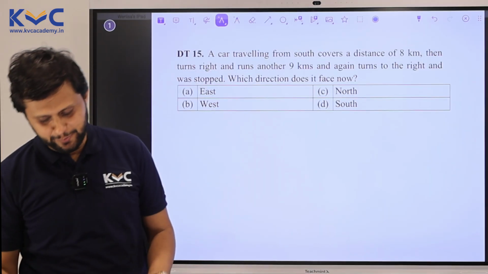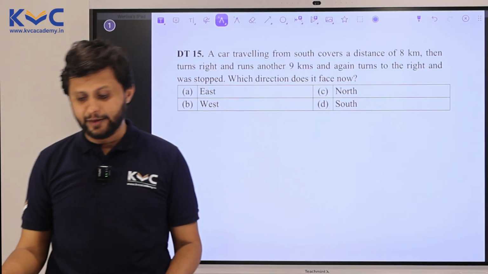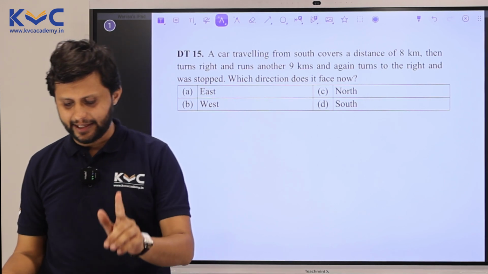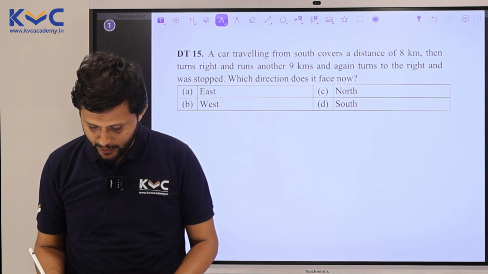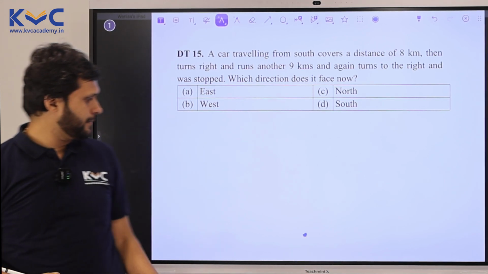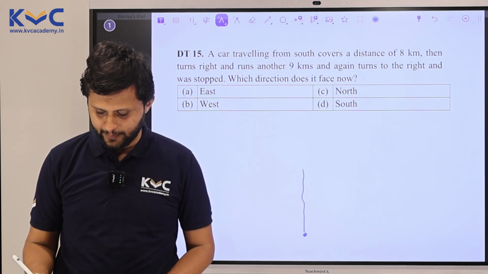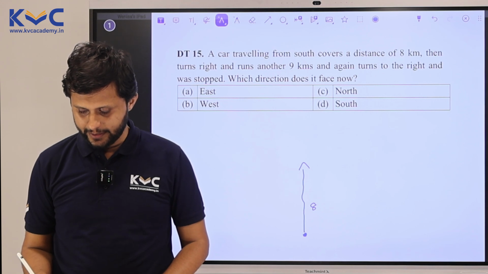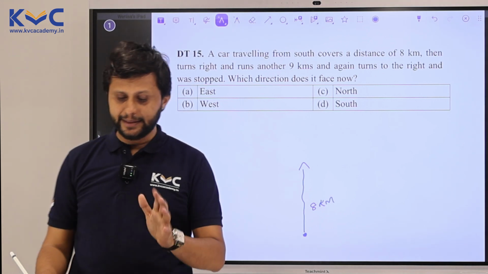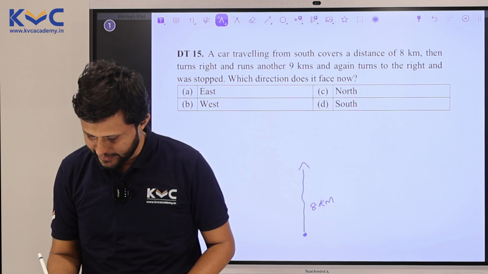Next question, question number 15. A car traveling from south covers a distance of 8 kilometers. So where is south? It's over here. Now we will move towards north. From south, 8 kilometers. Then turns right. Right is right.